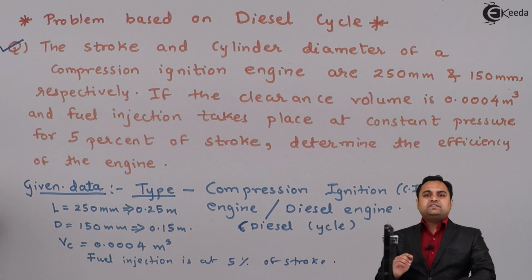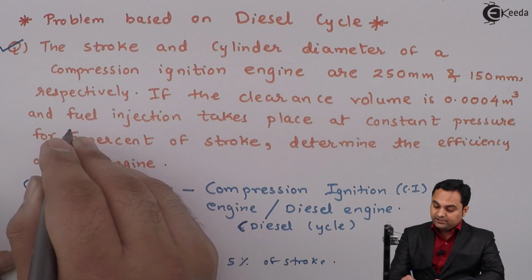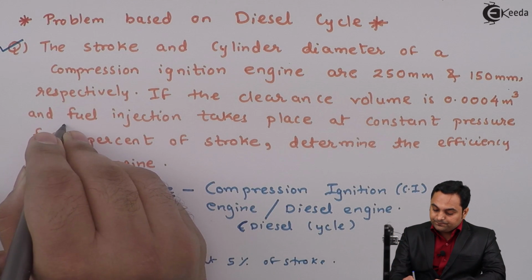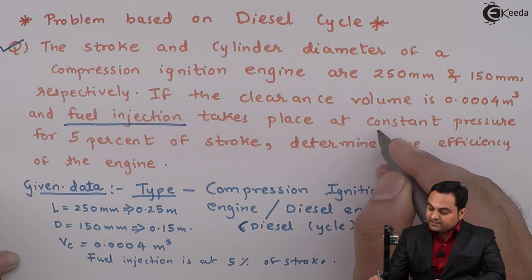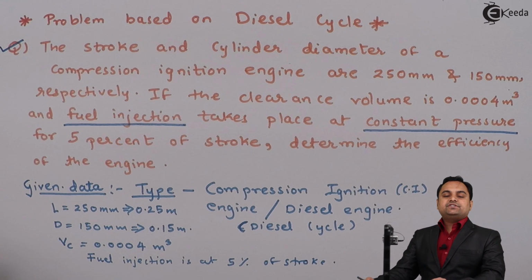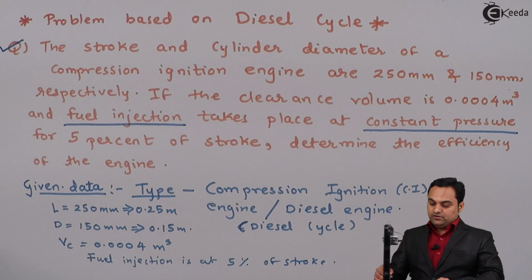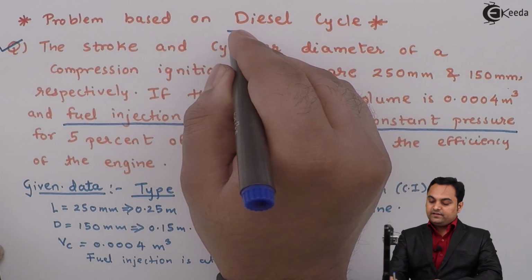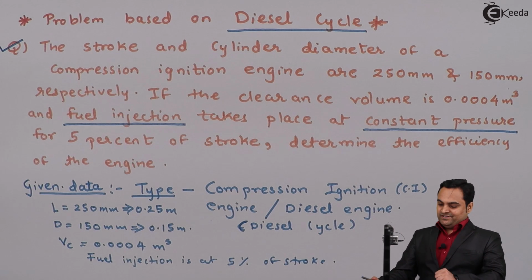And from this statement also we can understand that it is working on diesel cycle, that the fuel injection takes place at constant pressure. Whenever the fuel injection is taking place only at constant pressure, that kind of cycle would be called the diesel cycle. So this is another way of identifying the problem.